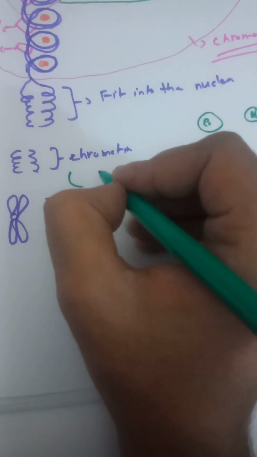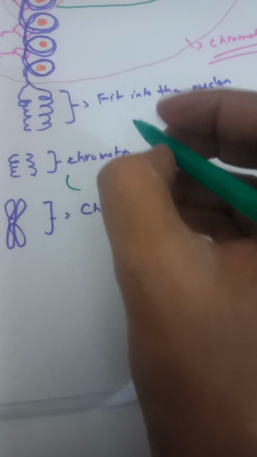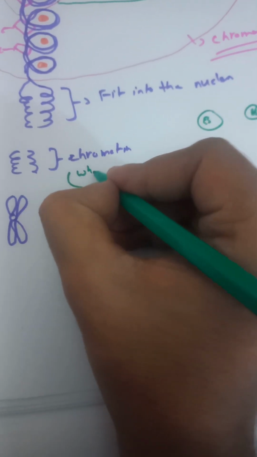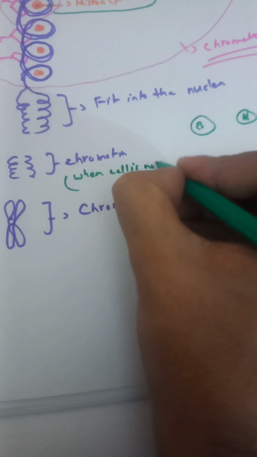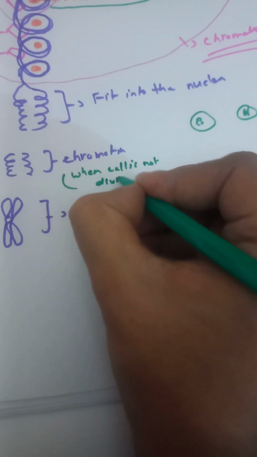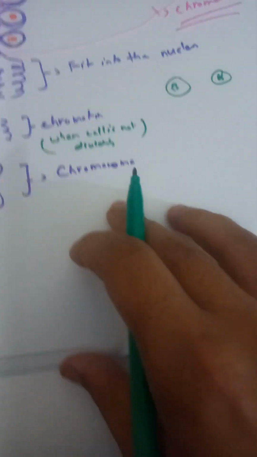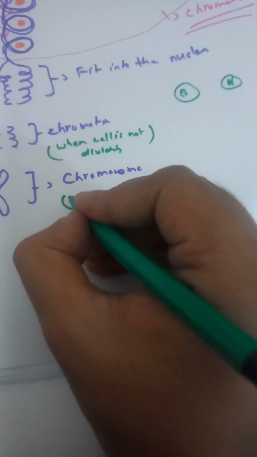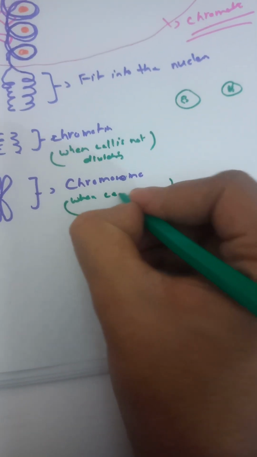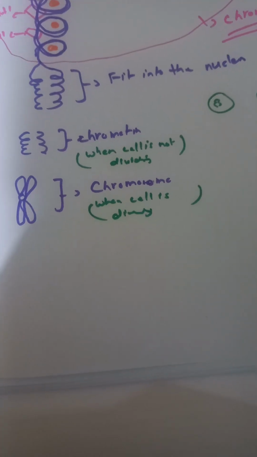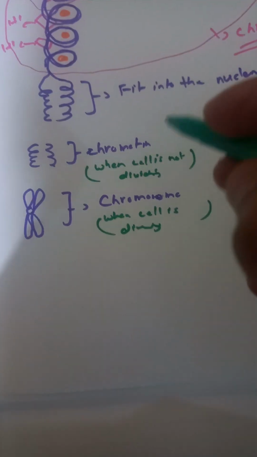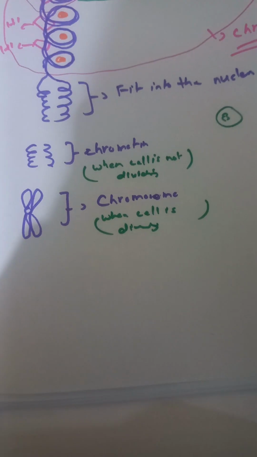When the cell is not dividing, then the DNA is in chromatin form. And when the cell is dividing, it is in chromosome form. When the cell is not dividing, then it is in chromatin form.